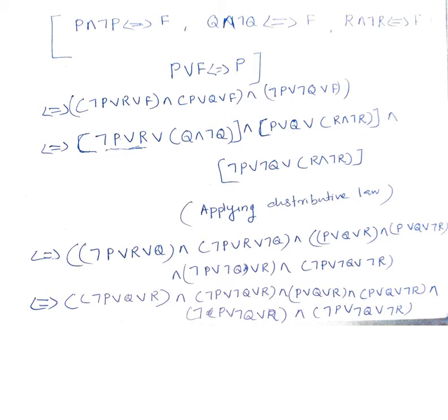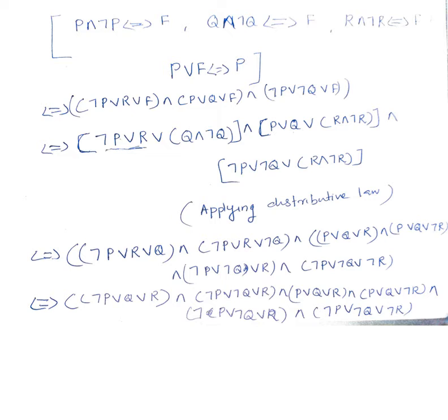Because Q and negation Q is false, and when we apply this, the result will not change; it remains negation P or R. In the same way, in the second statement we introduce R and negation R, and in the third statement also we introduce R and negation R. Clear? Next we apply the distributive law.